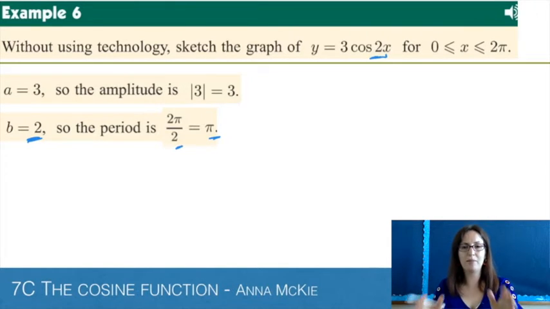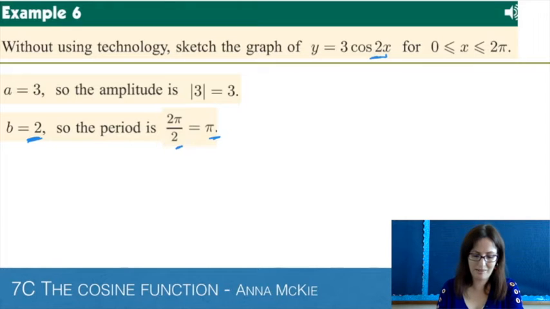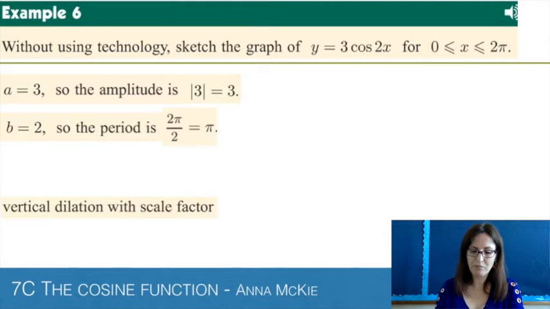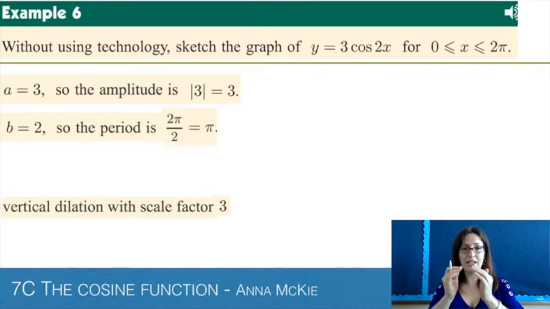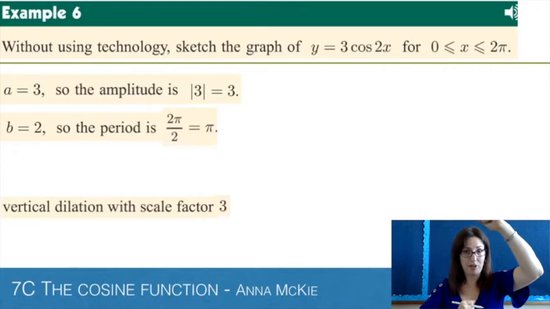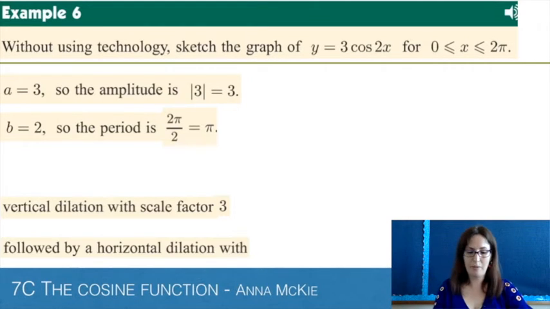So thinking about what's happened, instead of the cos wave happening in, say, that amount of time, it's half of that. It's shrunk. So you've got to get that whole cos shape happening in half the amount of time or space, however you want to think about that. So you could think about that in two different ways. The vertical dilation has a scale factor of 3. So that means vertically it's been stretched up to 3 as opposed to just 1.